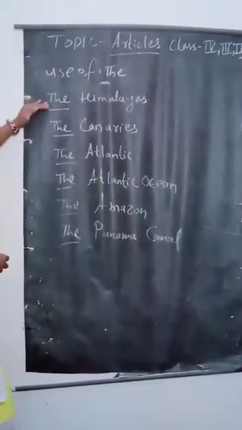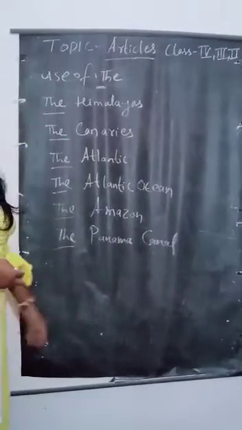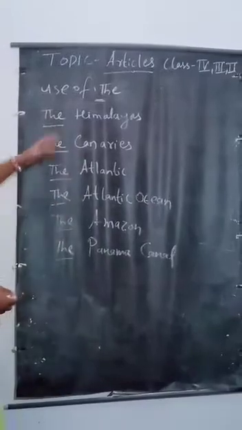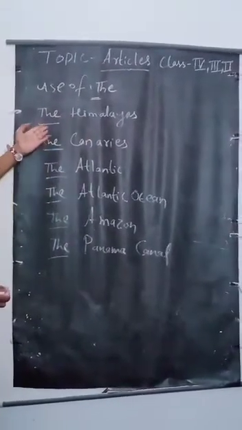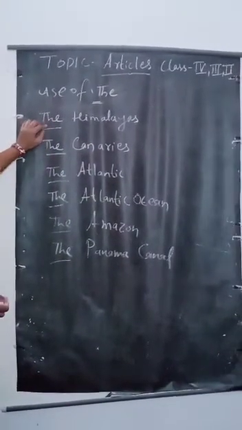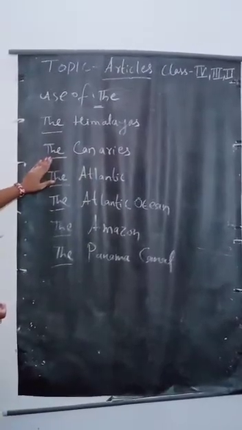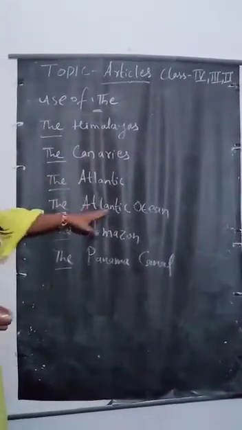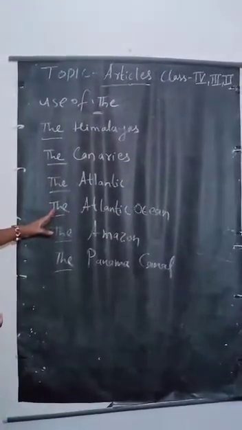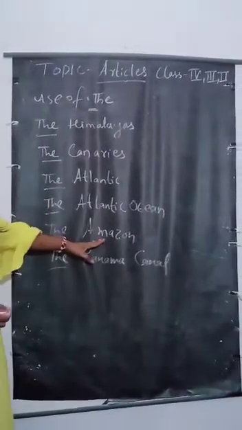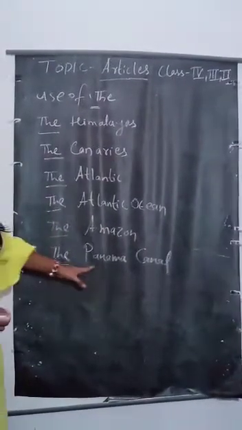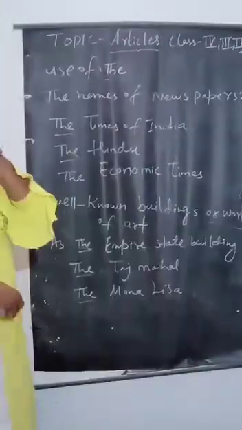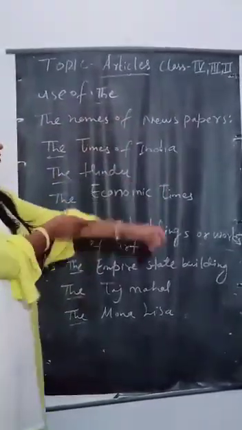So the is used before canals, seas, rivers, mountain ranges. The Himalayas uses the. The Canaries uses the. The Atlantic Ocean uses the. The Amazon uses the. The Panama Canal uses the.